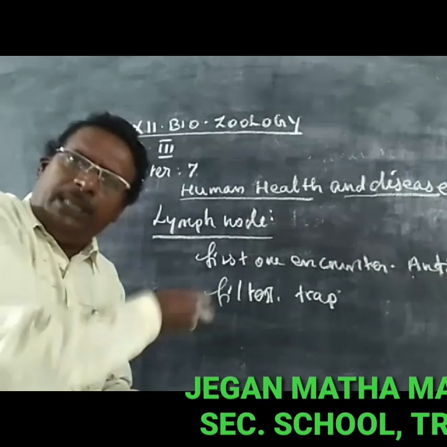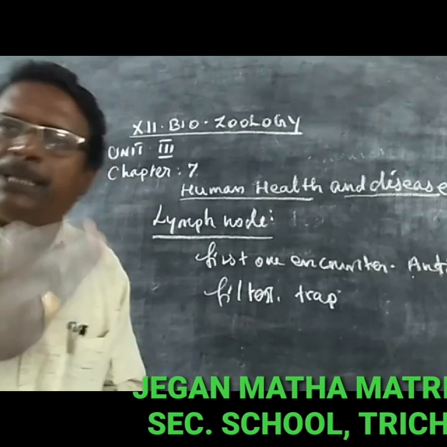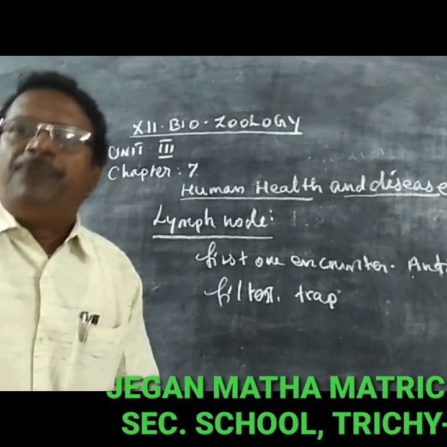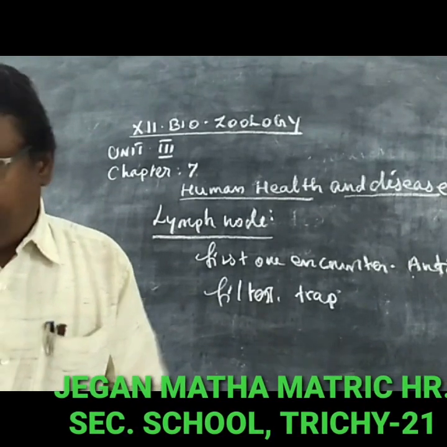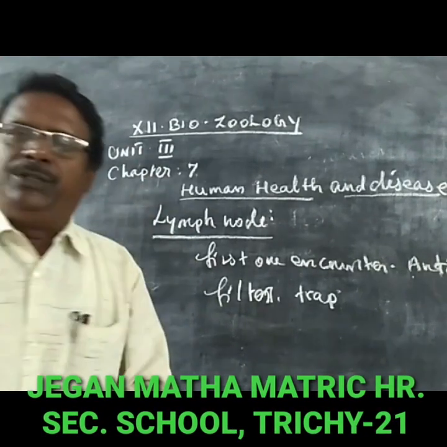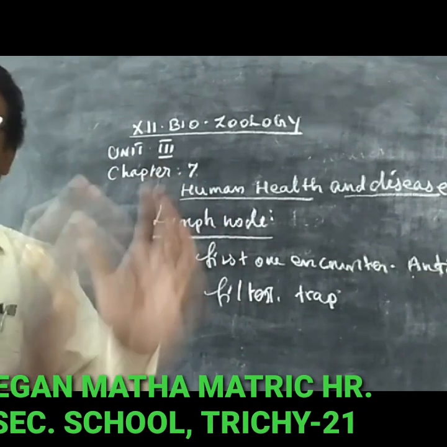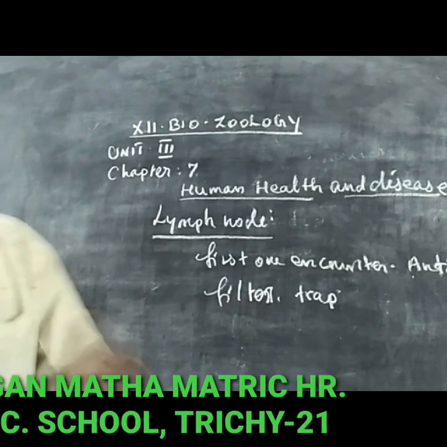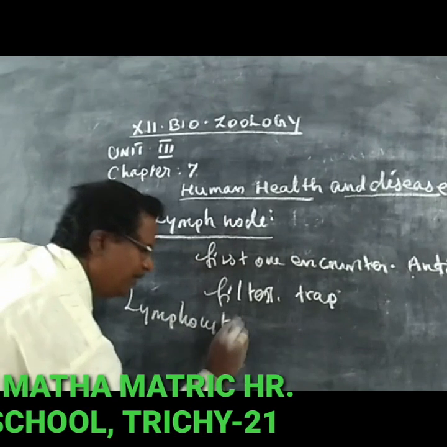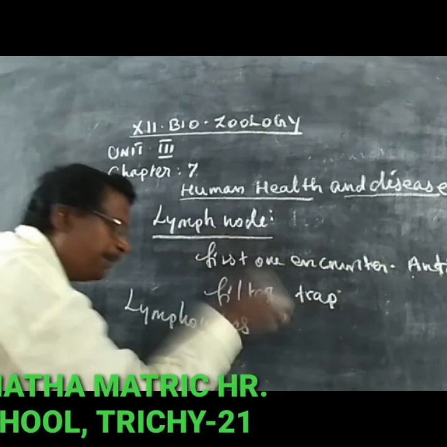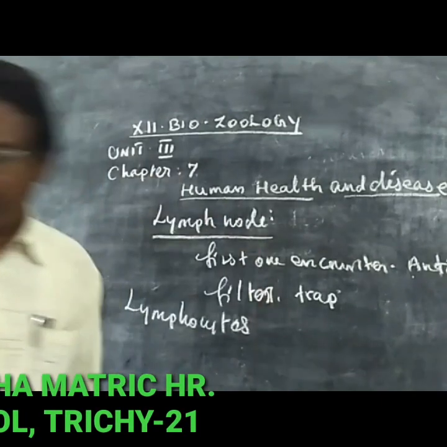In the node region they filter the substances for prevention. The trapped substances are tightly packed with white blood cells, namely lymphocytes.